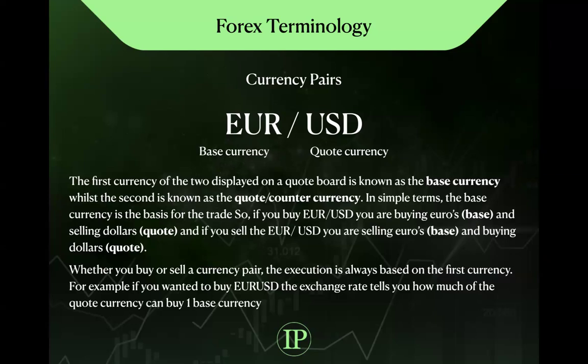Okay, so whenever you get onto a chart, the first currency you see, that is the underlying currency of that entire chart. Okay, so if the market is going up, that means that the base currency is gaining strength. If the market is going down, that means that the base currency is losing strength.